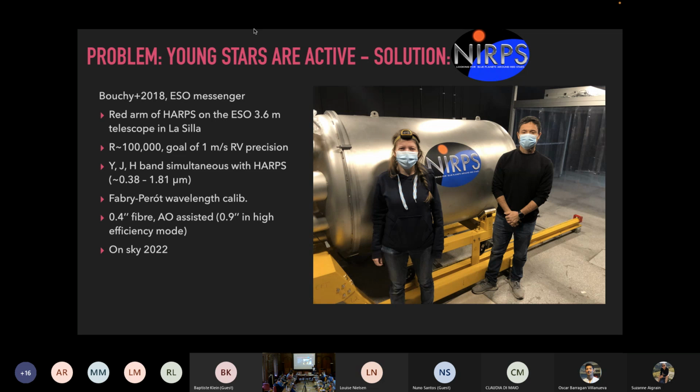We have a bunch of different wavelength calibration options, but I think the working option at the moment is a Fabry-Perot, and then we'll have some uranium neon for data calibrations. A really cool thing is that it's going to have an AO-assisted fiber on sky, so we'll have this 0.4 arc-second fiber to put all the light into the spectrograph, and that's sort of how we can still get a good resolution, even though the wavelengths are longer. And then it just arrived in La Silla last week, so this is why we're very happy at the moment.